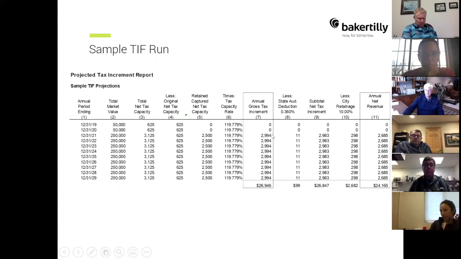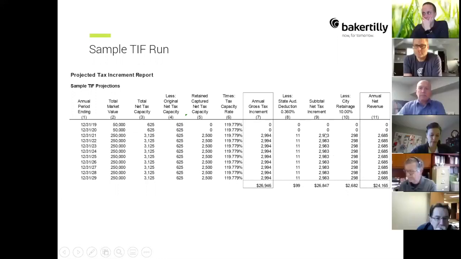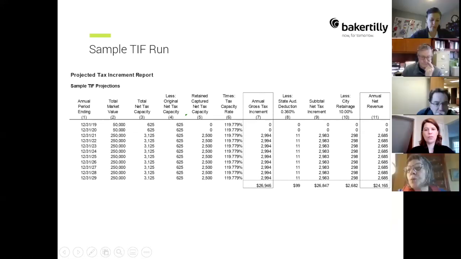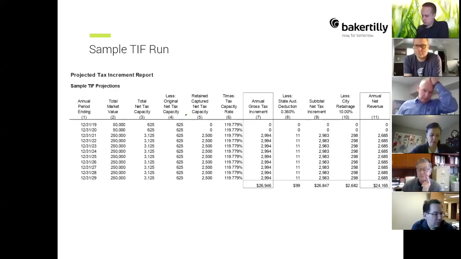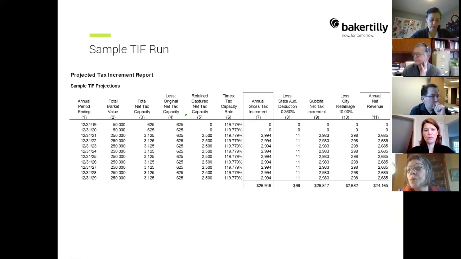You end up with your annual gross tax increment. The state auditor takes their little cut, and then you've got the net. The cities can usually retain up to 10% for administrative retainage. And then you'd have the net amount that would flow to the developer as a result of this project, or would be able to be used by the city depending on the way the financing mechanism of the district was set up.